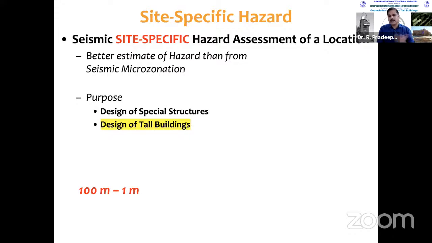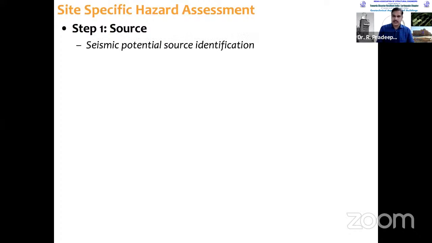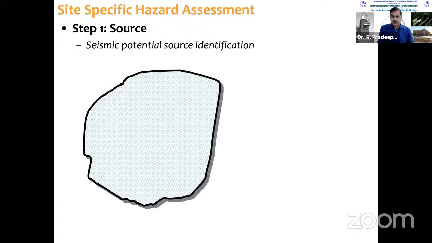So how is it done? Broadly, what are the things involved? As step one, we need to find the sources, that means the sources which have potential of generating earthquake. Let's look at the site.